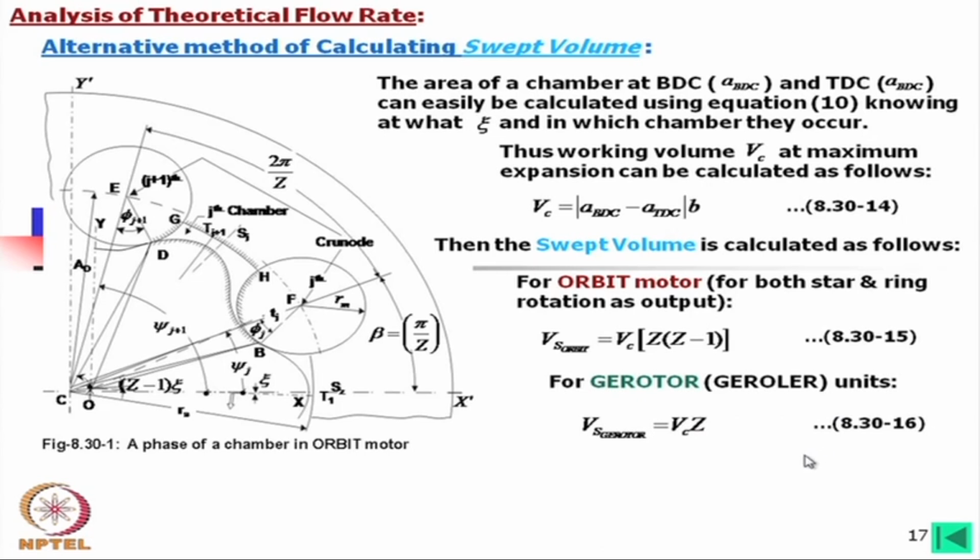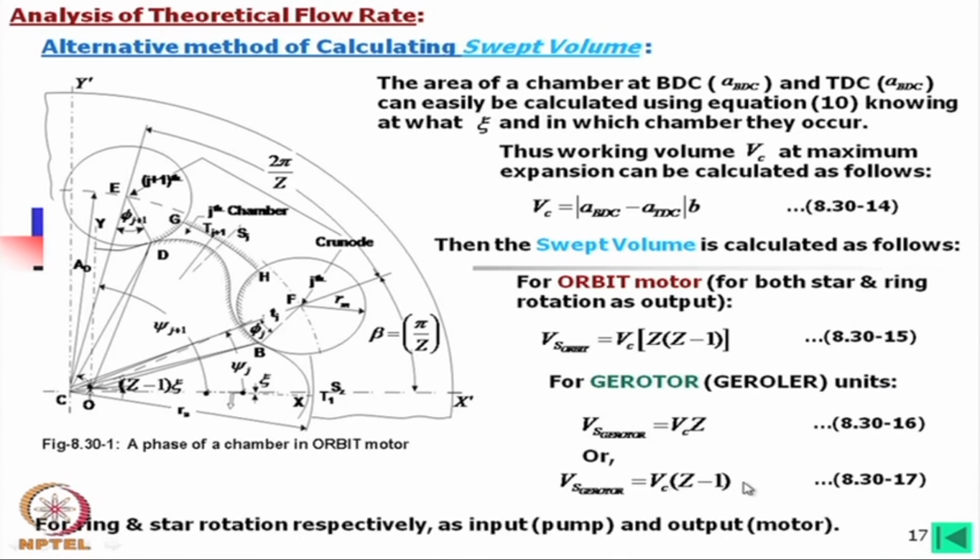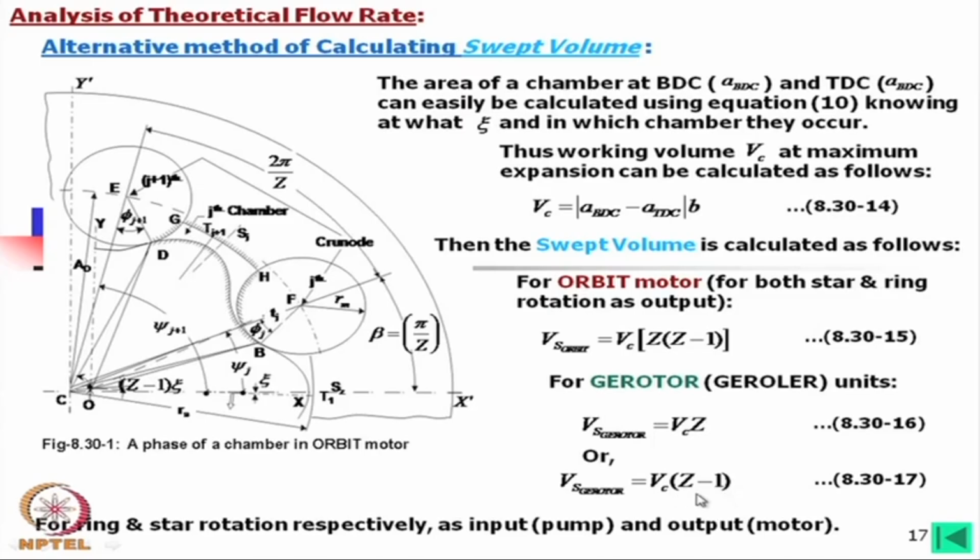Whereas, in the case of a gerotor unit, this will be either Vc into z or Vc into z minus 1, depending on ring or star rotation respectively. Suppose the star is the output and both are rotating. In that case, when the star completes one full rotation, only 6 chambers are displaced, not 7.